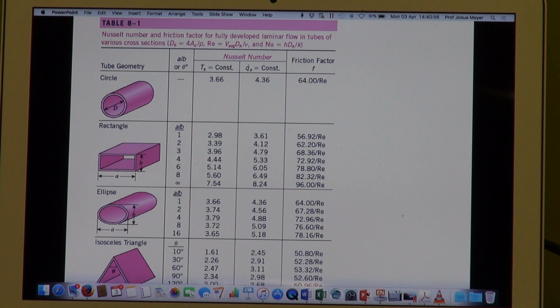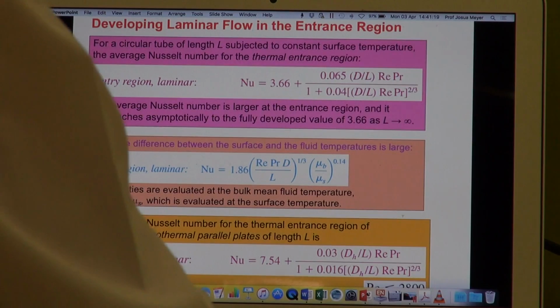And other geometries like that can be found in literature. In the textbook, only a total of 4 geometries are given, some of them depending on the aspect ratio, but other types of geometries are typically also available in literature, or you can derive it from first principles.